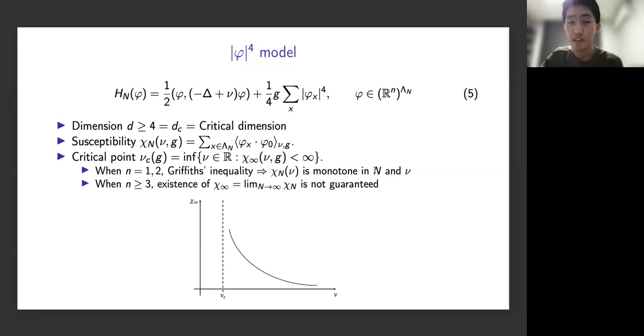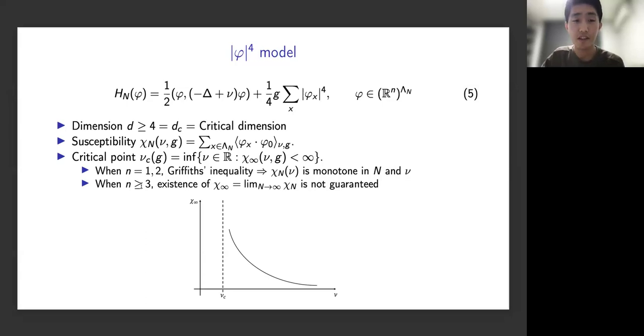So it is increasing in n, and it is decreasing in nu. So chi infinite is always well-defined, and also nu c is always well-defined. You can think of a picture like this, where chi blows up near the critical value and decays to 0 when nu tends to infinity.